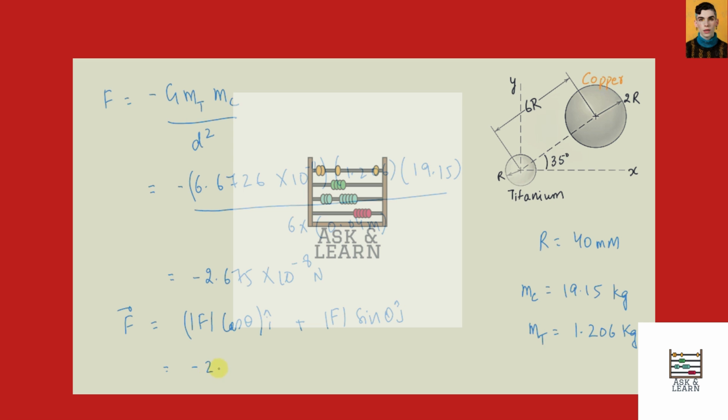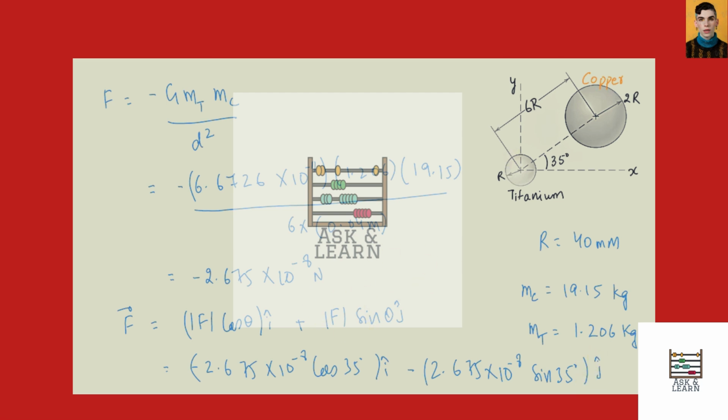So minus 2.675 times 10 to the power minus 8 cosine theta, and theta we have 35 degrees, so cosine 35 degrees, and this is in the i cap, x direction, minus 2.675 times 10 to the power minus 8 sine 35 degrees, and this is in j cap, that is in the y direction.